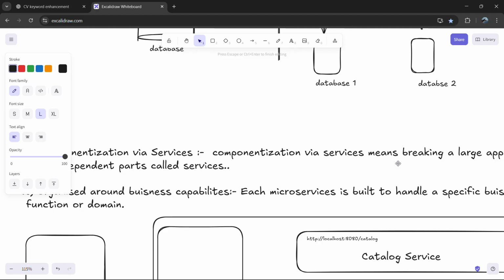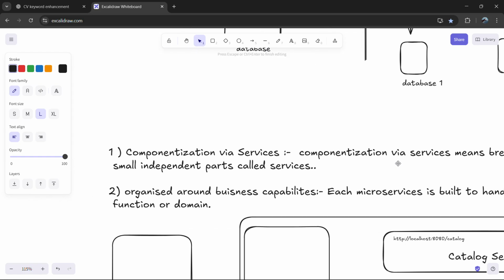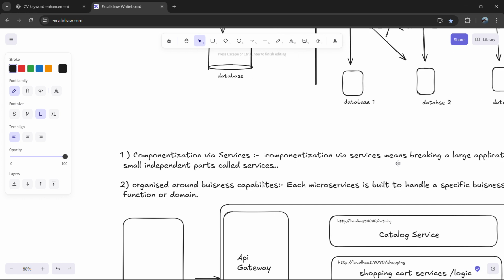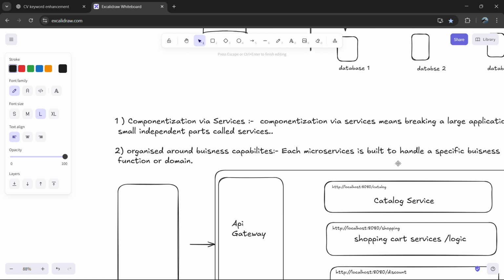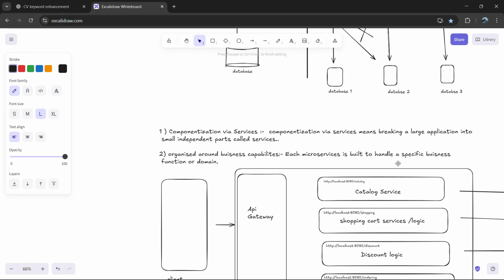So later in 2013, Martin Fowler introduced the basic concept that if you want to create a microservice architecture, a microservices project, then you should include these things in your project.